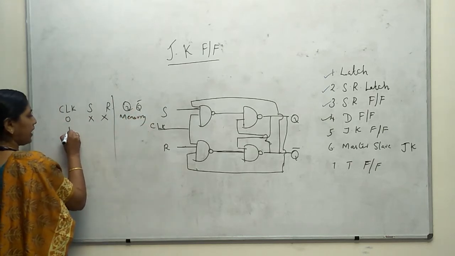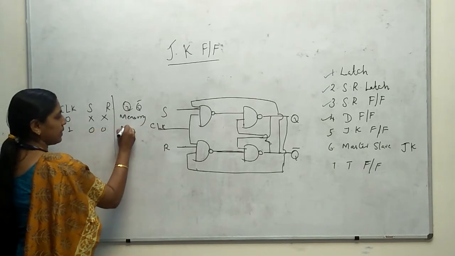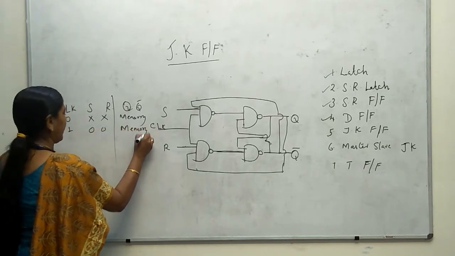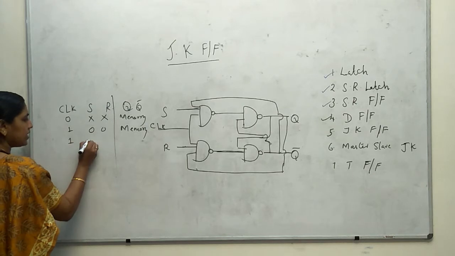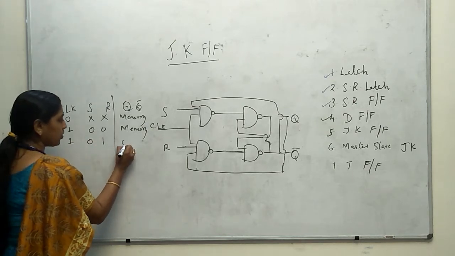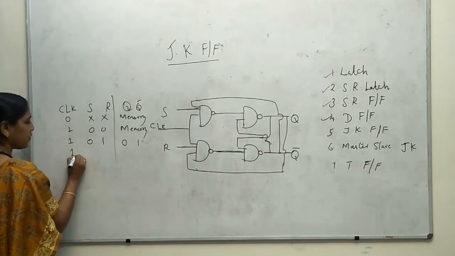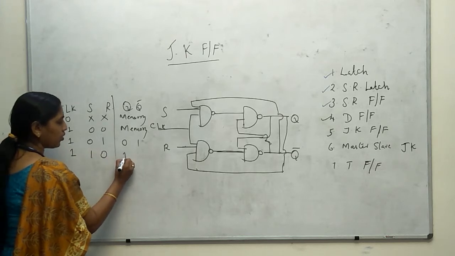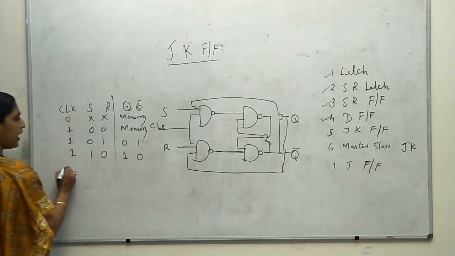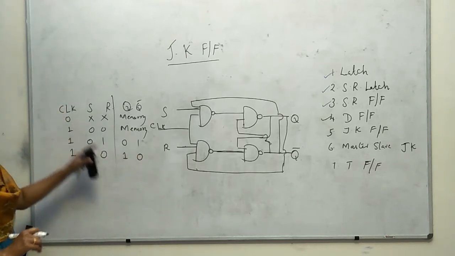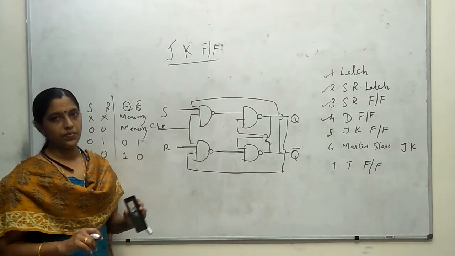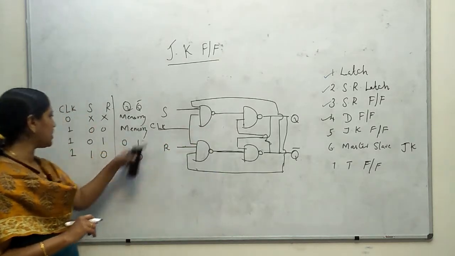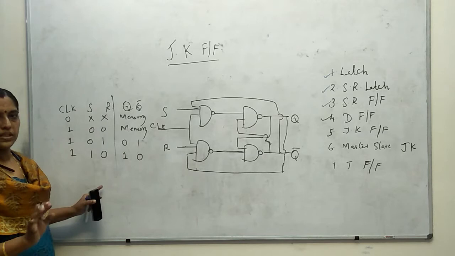If it is 1, 0, 0 also it is memory. If it is 1, 0, 1, then Q is equal to 0, Q bar is equal to 1. If it is 1, 1, 0, then Q is equal to 1, Q bar is equal to 0. These cases are the same for this circuitry also.